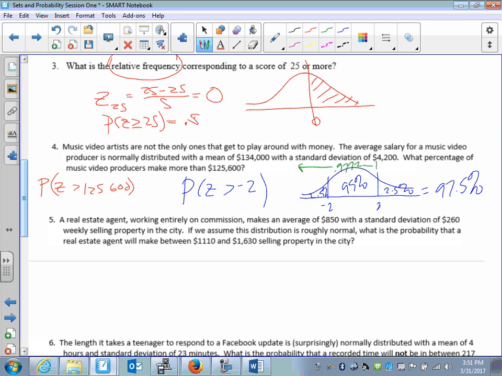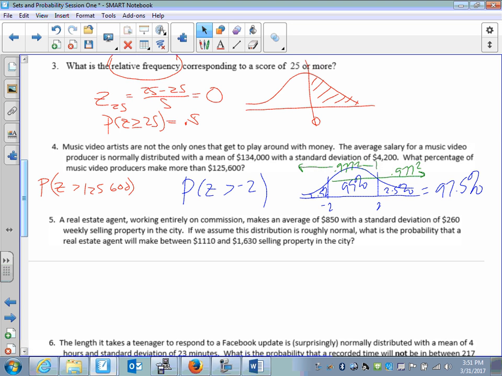So all the values to the right of -2 would also be 0.9772. So if we use the table, we get 97.72%. If we use the empirical rule, we get 97.5%. Now that is really pretty close, but you do need to pay attention to whether or not you should be using the table or using the empirical rule, because the empirical rule is an approximation.